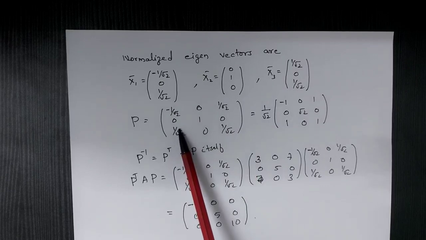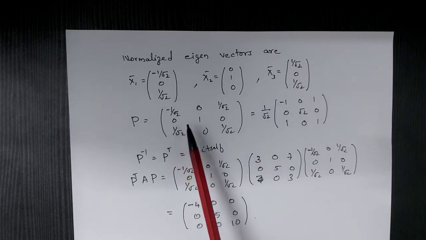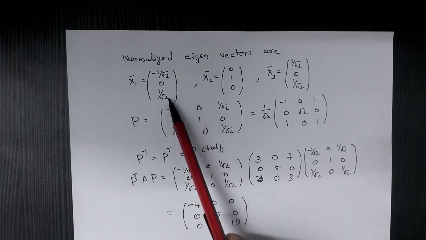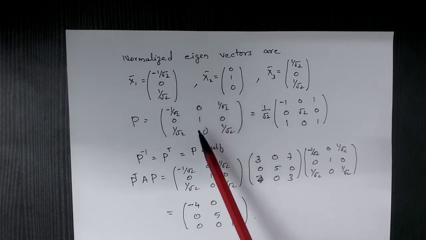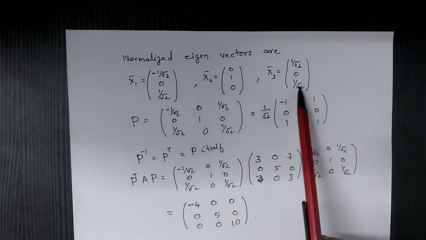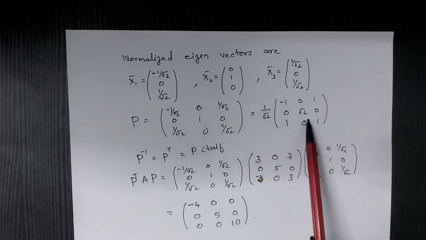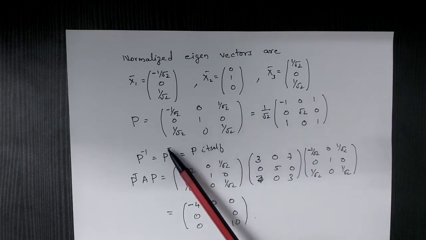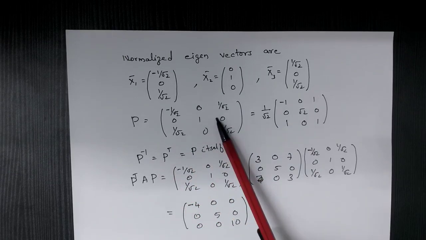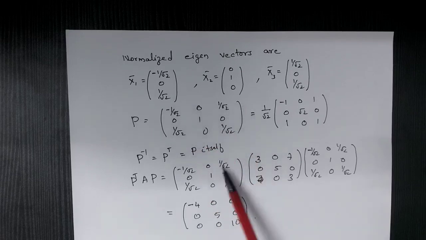Let us write P. P is of this form: the normalized eigenvector x1 vector as the first column, normalized eigenvector x2 vector as the second column, and normalized eigenvector x3 vector in the third column. Now P transpose is P inverse. Here P is also symmetric, so P transpose is same as P. So when you find this product, you will get this one, which is a diagonal matrix.